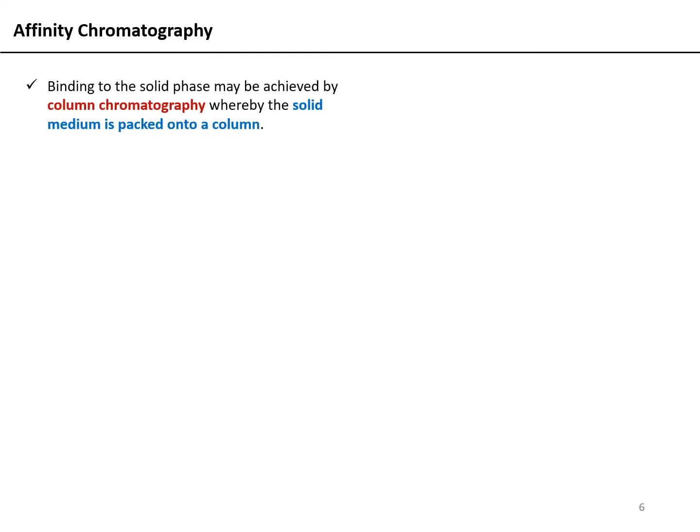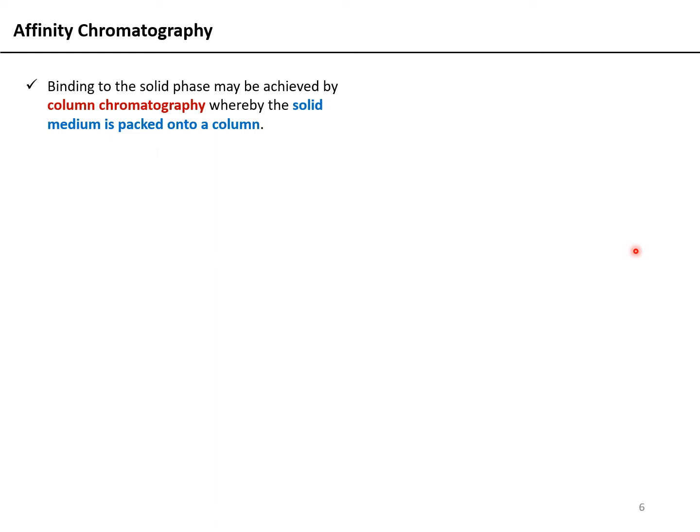So next we are going to talk about the two ways in which affinity chromatography can be performed. It can be either done in the form of a batch binding or using a column directly or a hybrid mode. So what do each of these mean? Binding to the solid phase may be achieved by column chromatography, whereby the solid medium is packed onto a column.